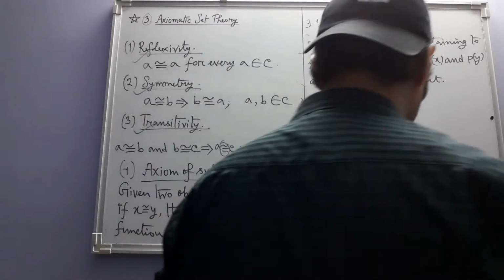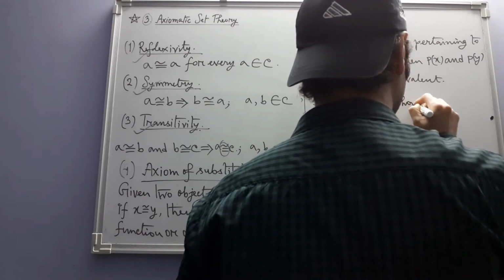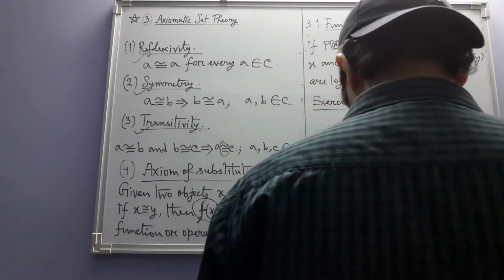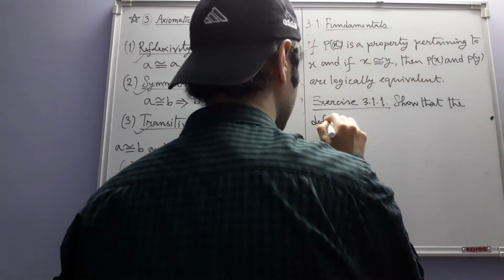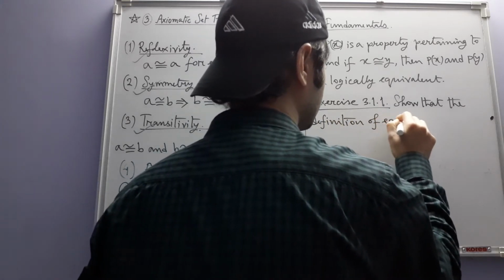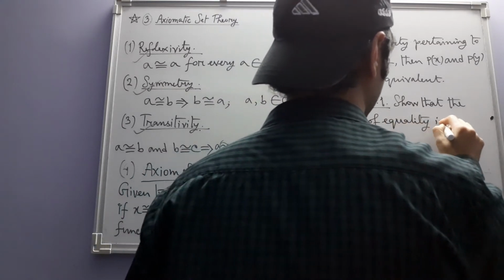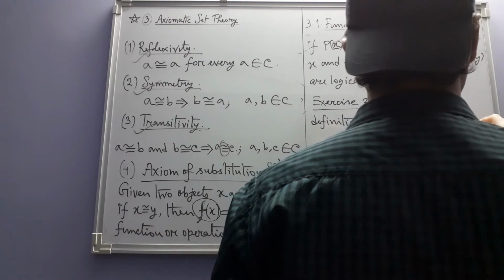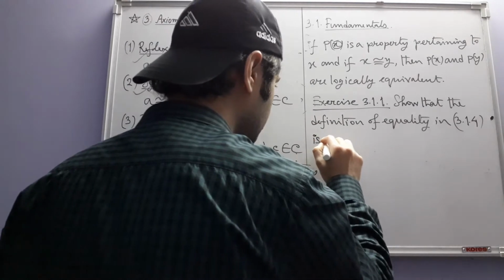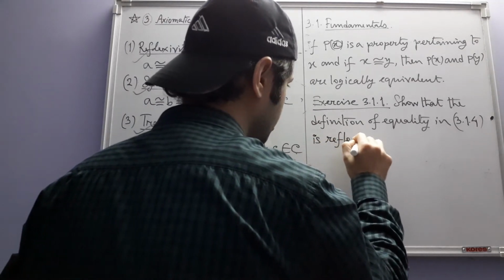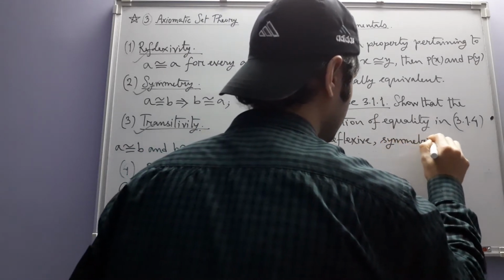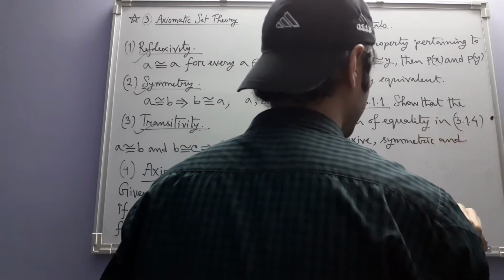What this exercise asks is this: show that the definition of equality in 3.1.4 is reflexive, symmetric, and transitive.